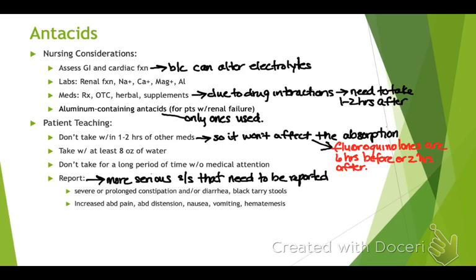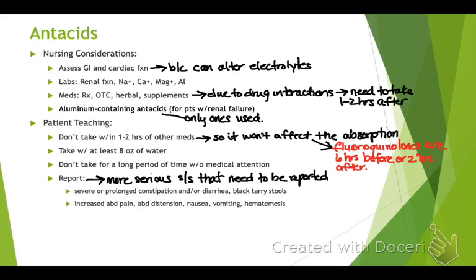Labs that we want to monitor with patients that are on these antacids: renal function, sodium levels, calcium levels, magnesium levels, aluminum levels. All of these are going to be affected by the antacids. So we want to make sure that we're following up on those labs and making sure that those levels are within normal range.